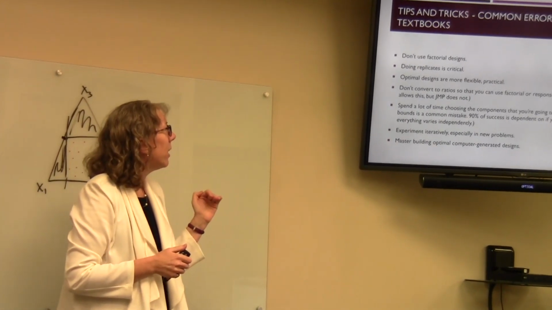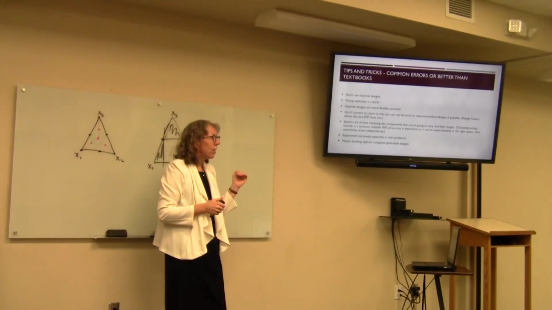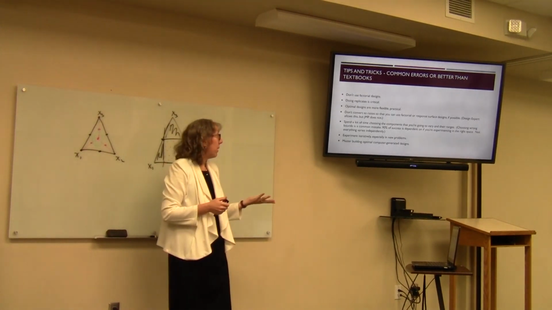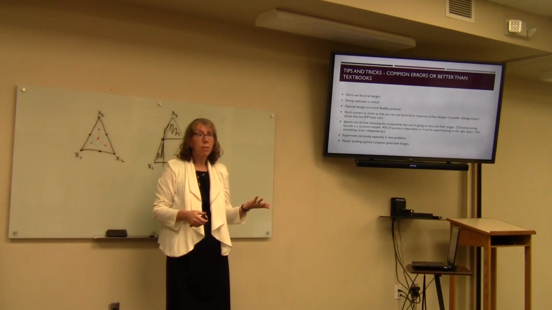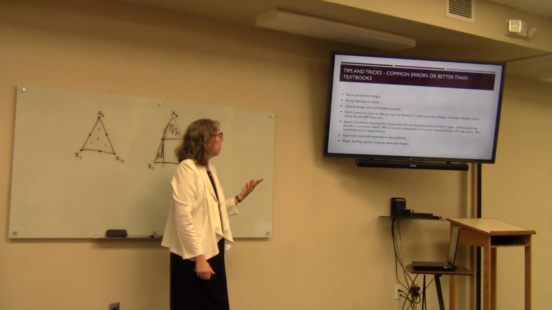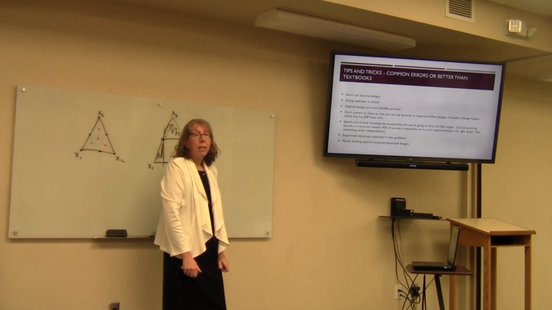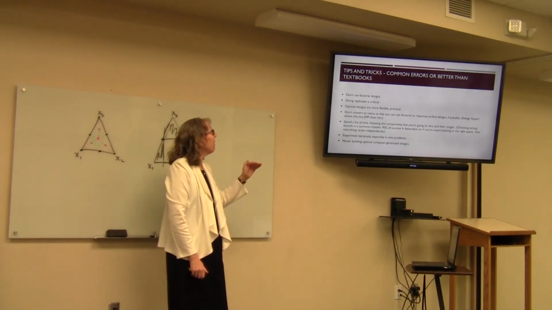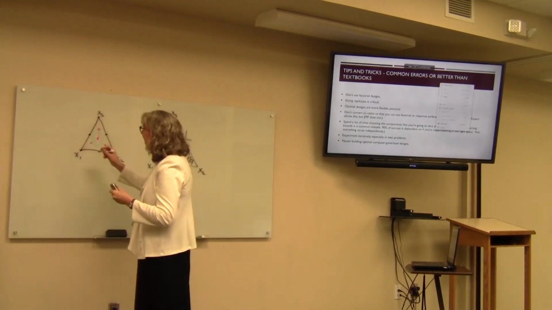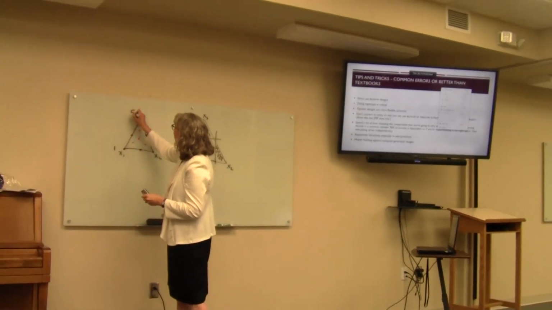When I was watching the video on Design Expert, it said to not convert to ratios. I find converting to the ratios is kind of confusing, but JMP is the software that I have available right now. And Design Expert looks better, but I don't have it. So if you work with Design Expert, instead of these zeros and ones, you can say, hey, these are my actual values. It's 1 to 5.